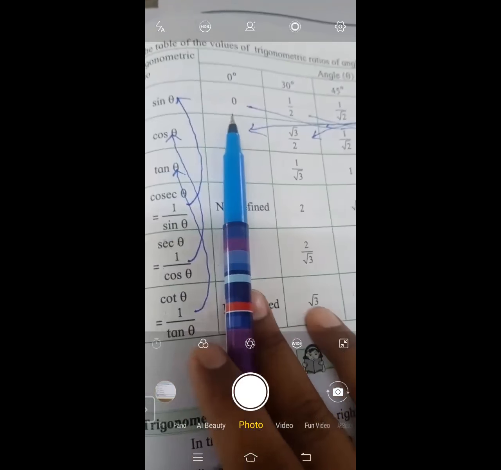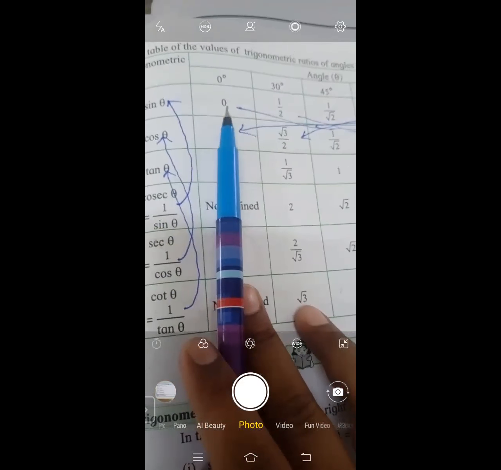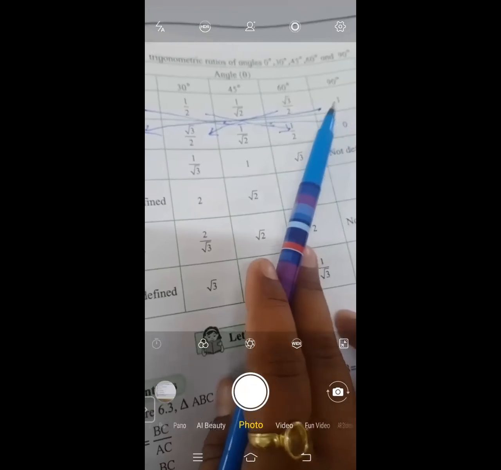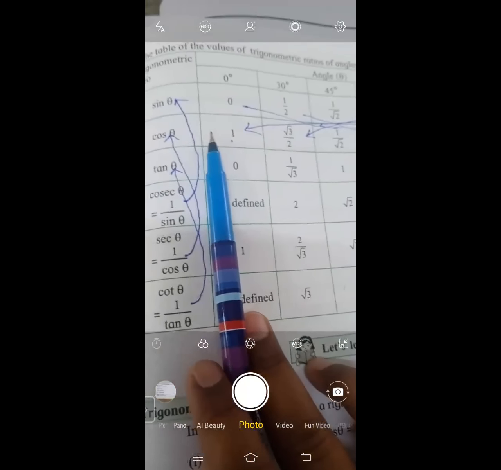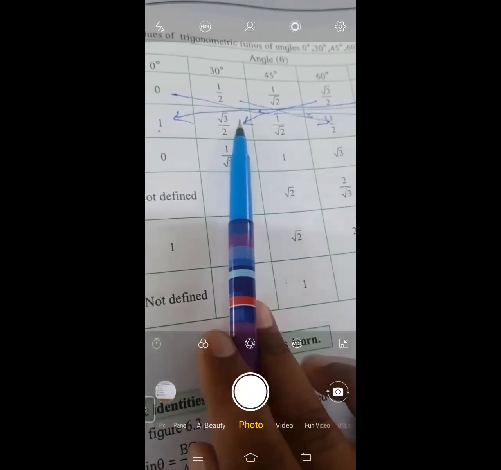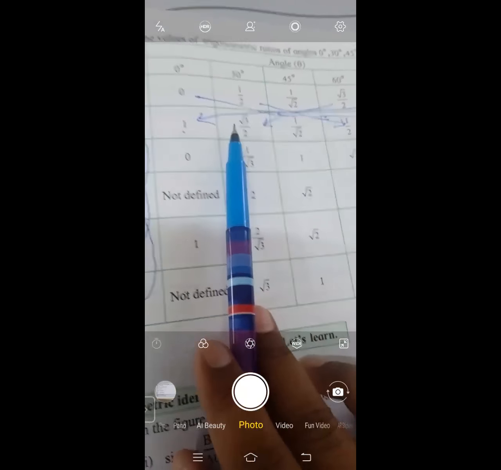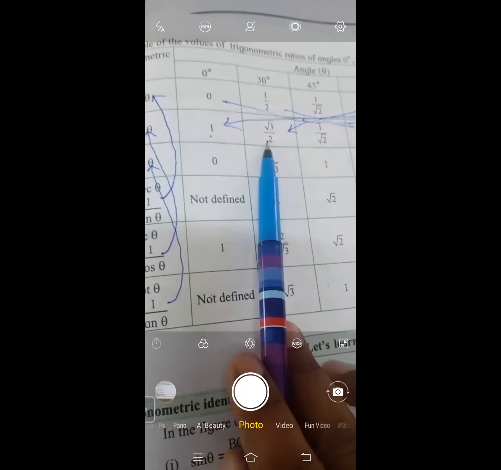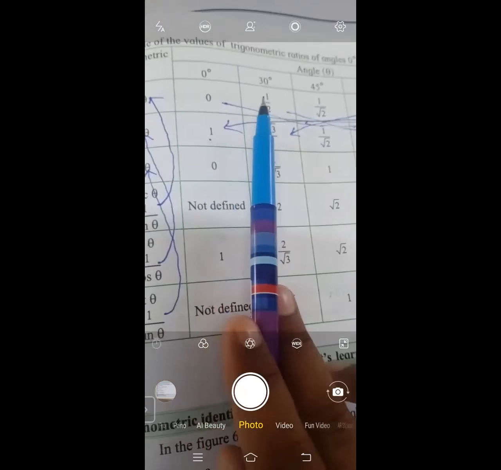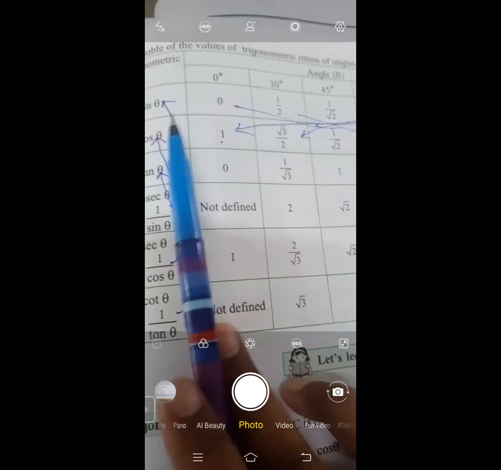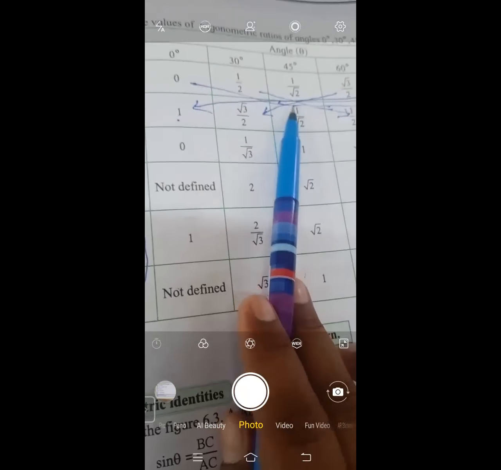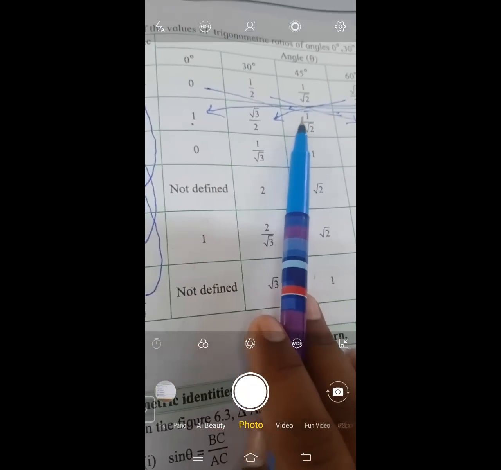The first column value will go towards the last for cos theta, and the last column value for sin theta will come first for cos theta. Just interchange these. Sin 60 degree value will come for cos 30 degree, and sin 30 degree will go for cos 60 degree, and whatever is in the middle will remain as it is and be carried forward into the next row.